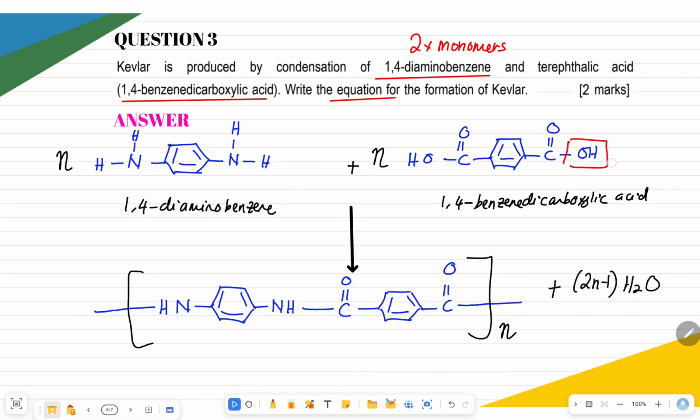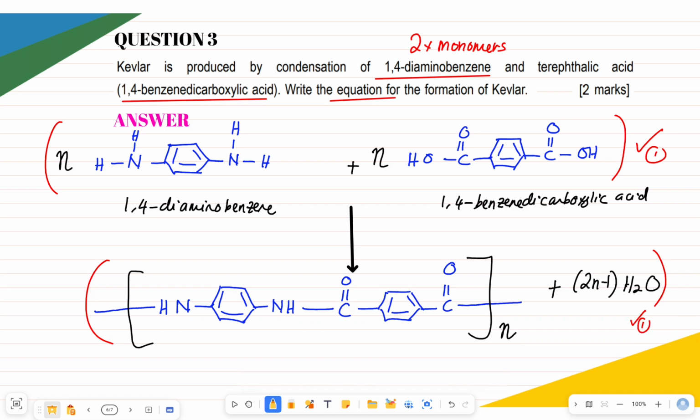I'm only showing so that you know you are going to remove water molecule. But the complete equation should be like this. Okay, so in terms of marks, for this complete equation, you get 1 mark for your reactants before, and 1 mark for the products after. Okay, so that was for stage number 1, chapter 10, carboxylic acids.